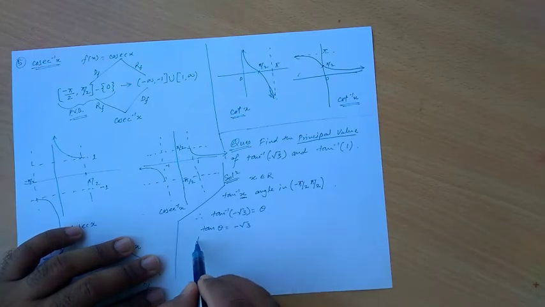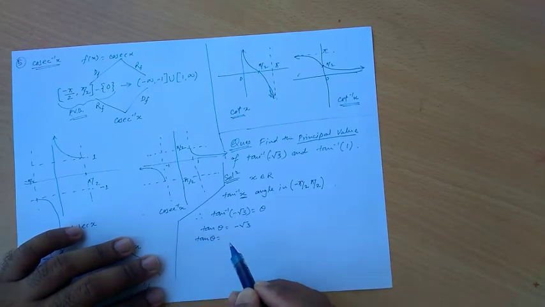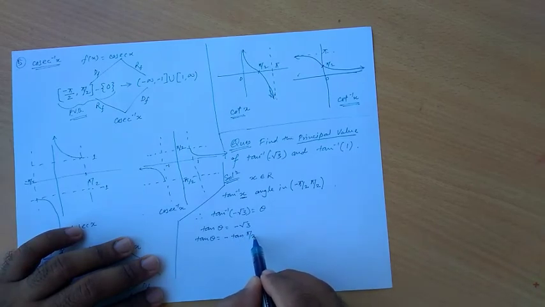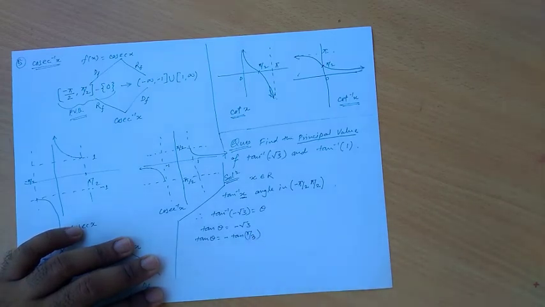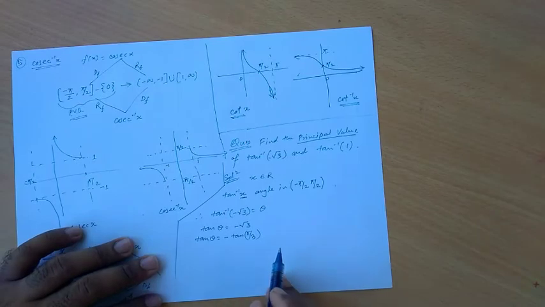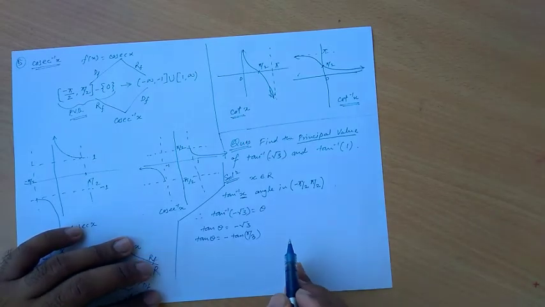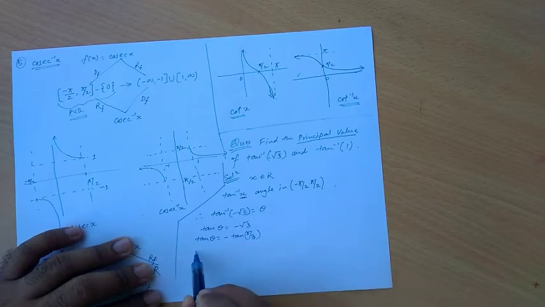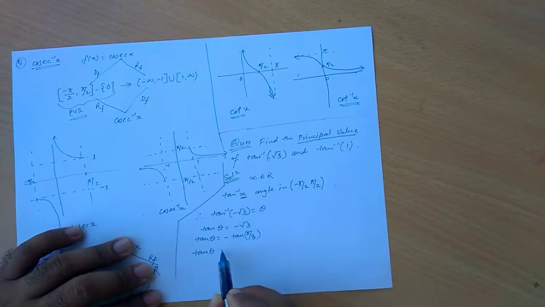Tan theta equals minus tan of pi/3, since we are getting √3 as the value of tan pi/3, that is 60 degrees.